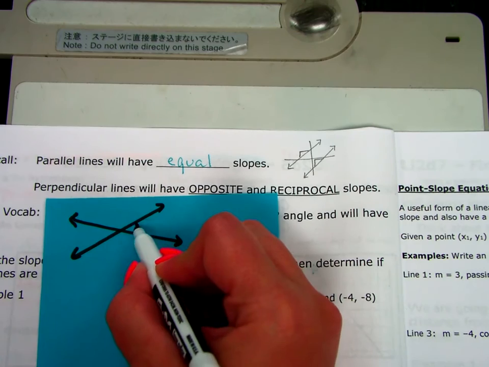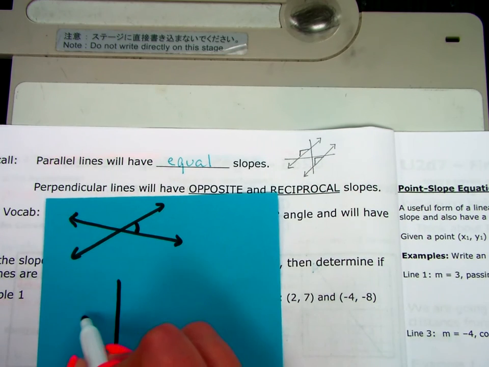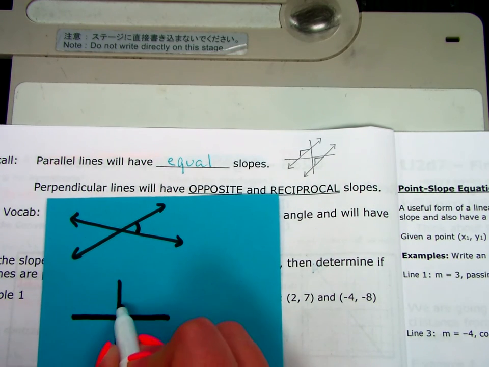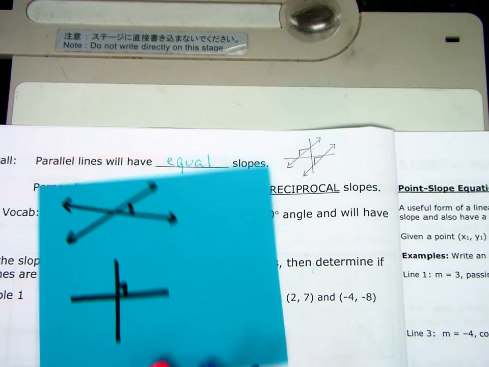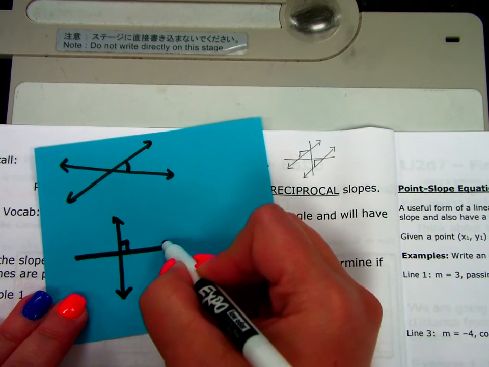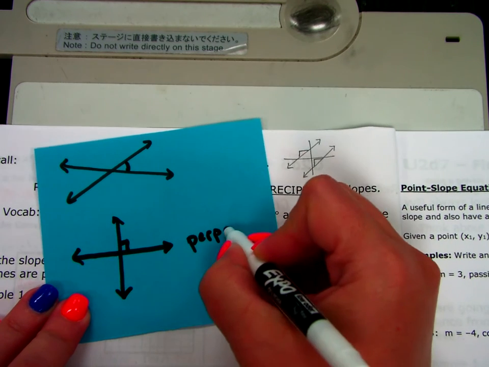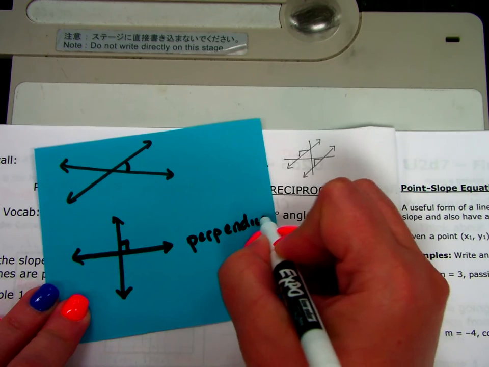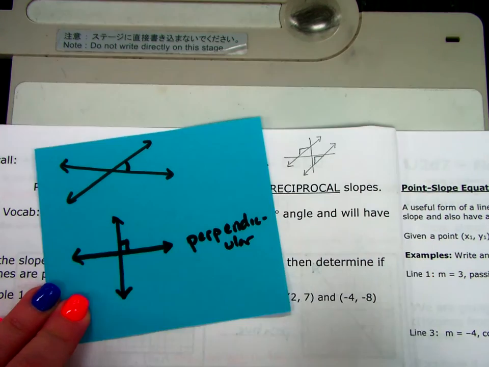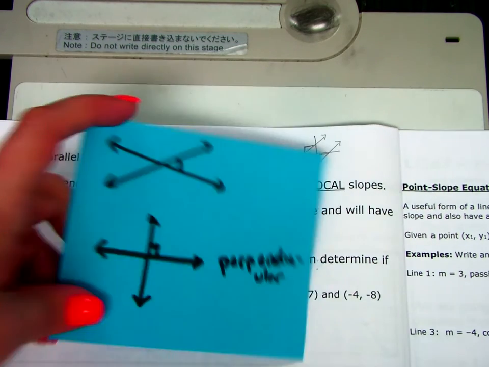Because this angle here is not 90. These 2 lines are perpendicular. Perpendicular lines intersect at 90.